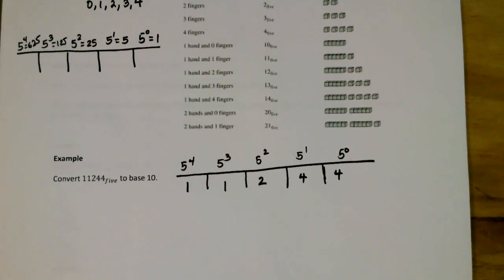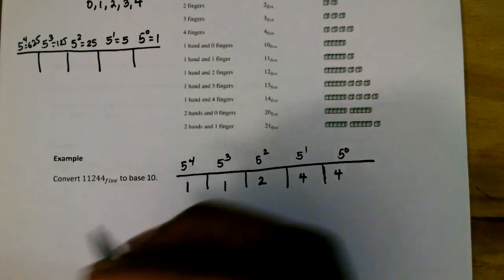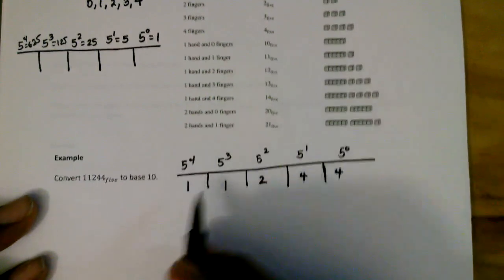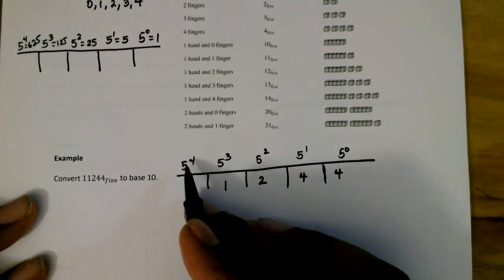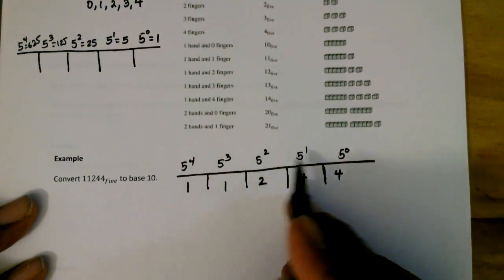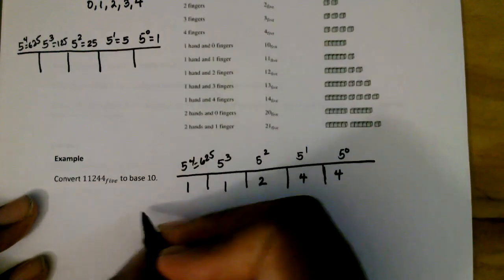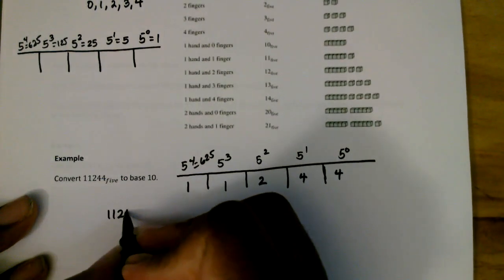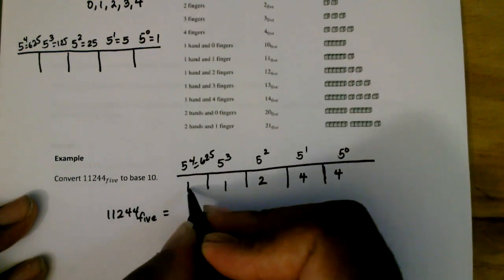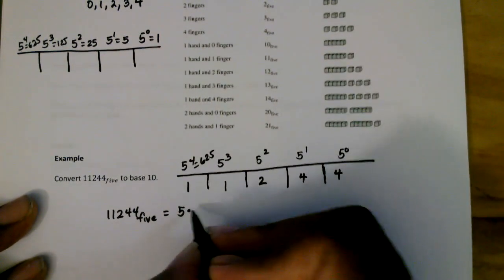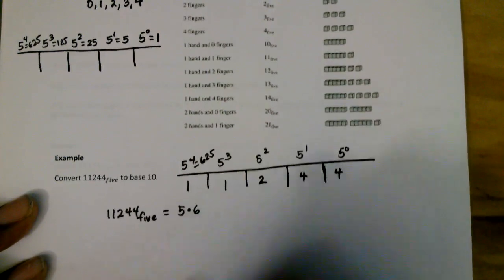Now to convert that to base 10, this is what I'll do. I'll take each number in the place value position, multiply it by the number that's on top, like 5 to the 4th, that's of course 625. So that 1 would be multiplied by 625, so it'd be 1 times 625.